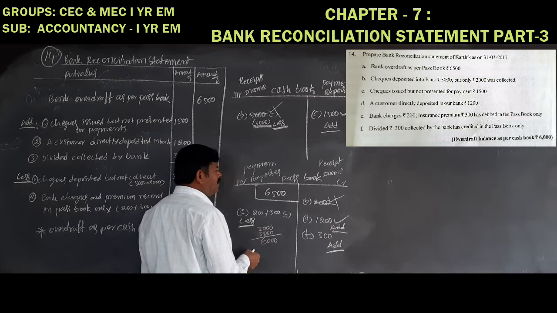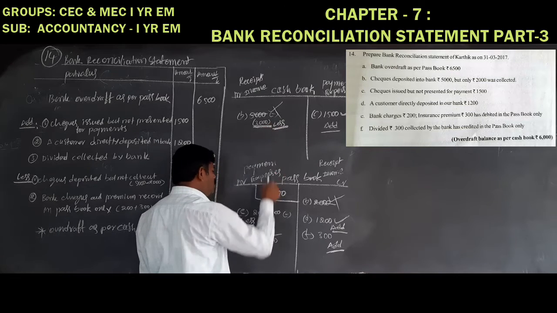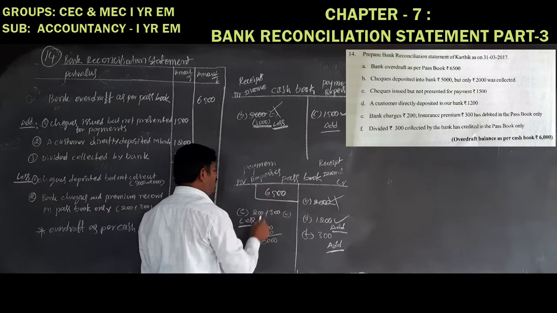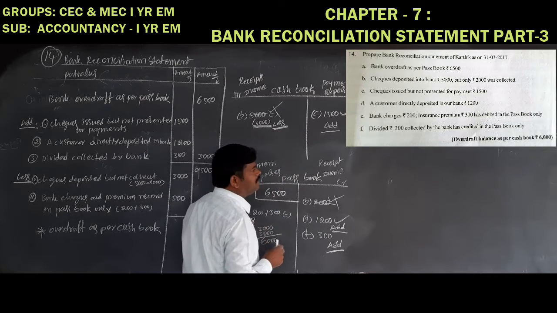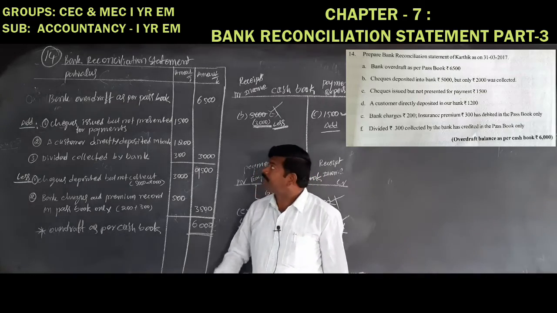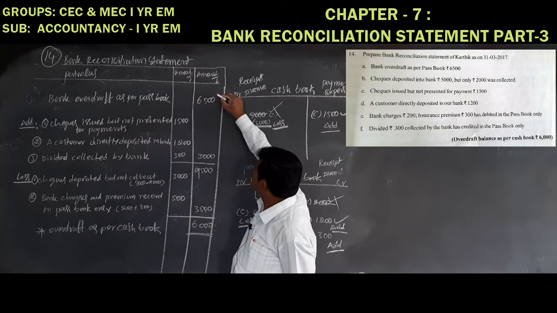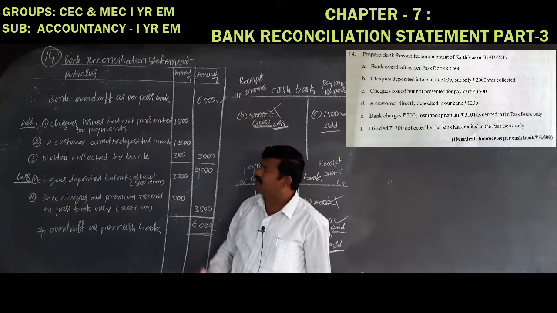What are the transactions on the starting point side? The two transactions must be recorded in less items. Remember one thing. First, one by one: bank overdraft as per passbook 6,500 rupees.